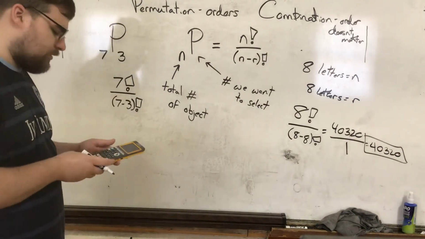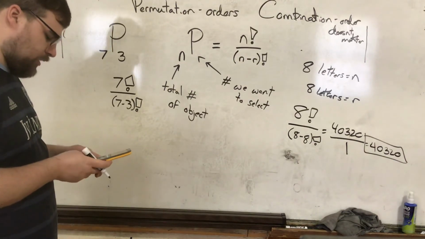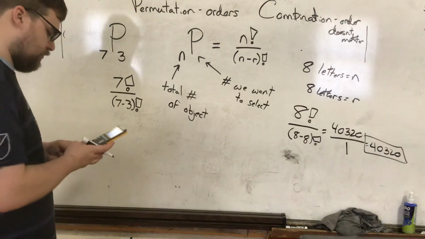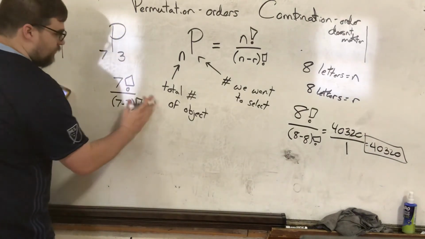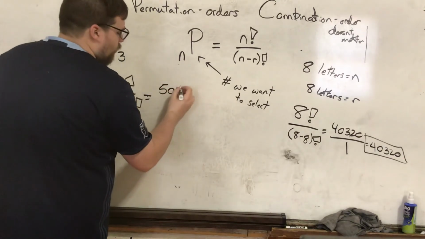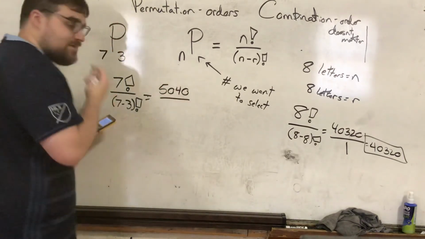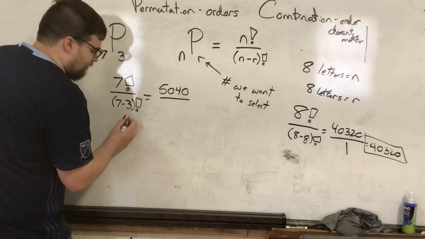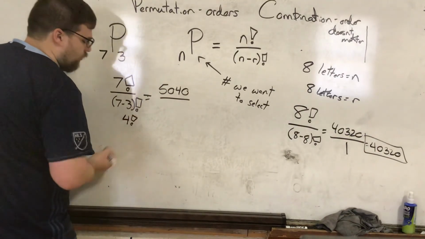So 7 factorial is, let's find out, 5,040, and 7 minus 3 factorial, so that would be 4 factorial.